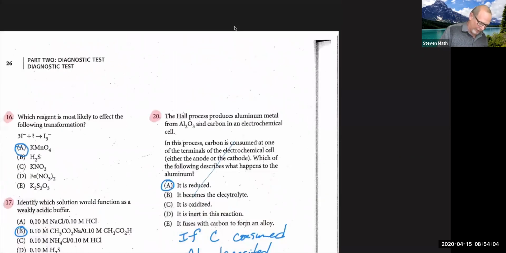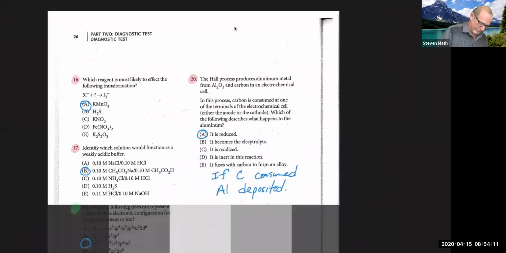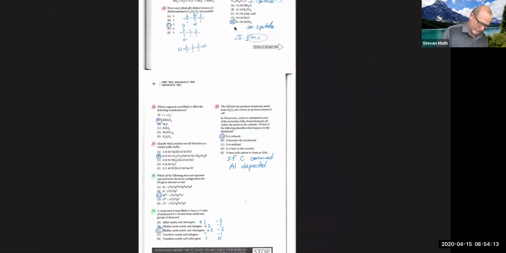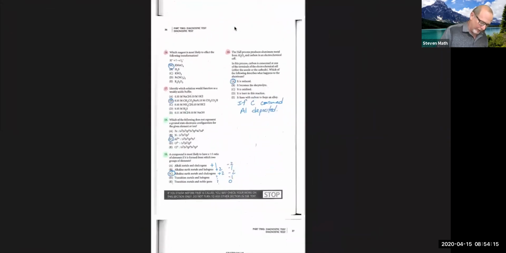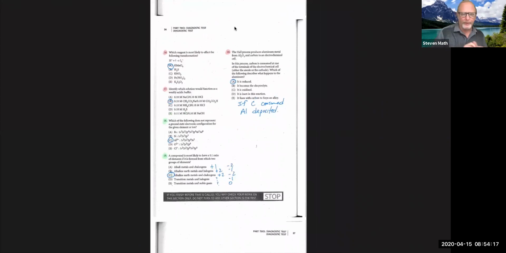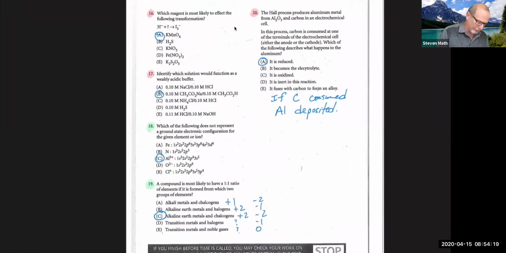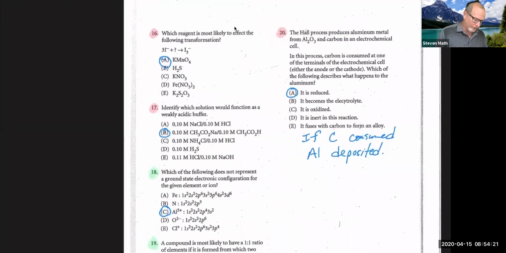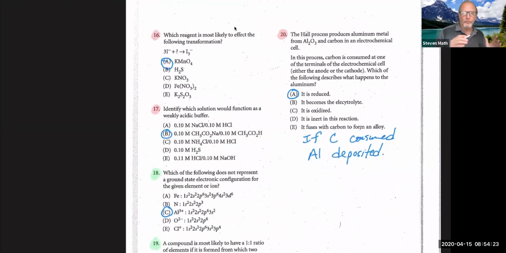We got 4 more left, and I get rid of that. Here we go. Now there's a couple of red going on here, and we don't need to spend too much time on those. 16, most likely to transform. Here's the deal.